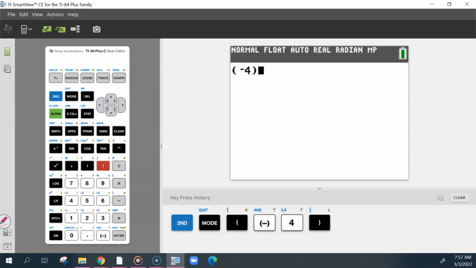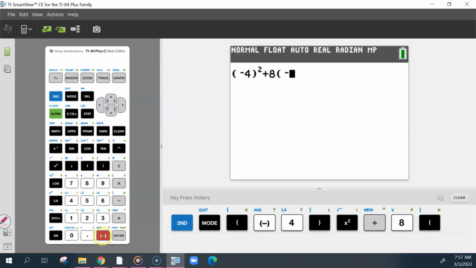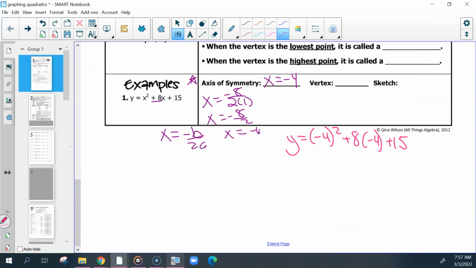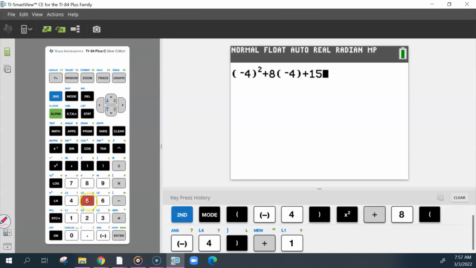So negative 4 squared plus 8 times negative 4 plus 15. So your y value is going to be negative 1. When you put in negative 4, make sure you are putting this in parentheses. If you don't put it in parentheses, you're going to get something different.